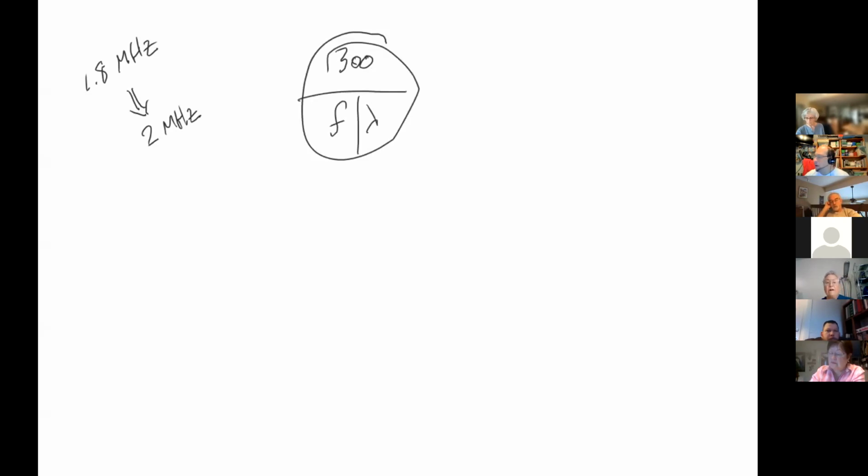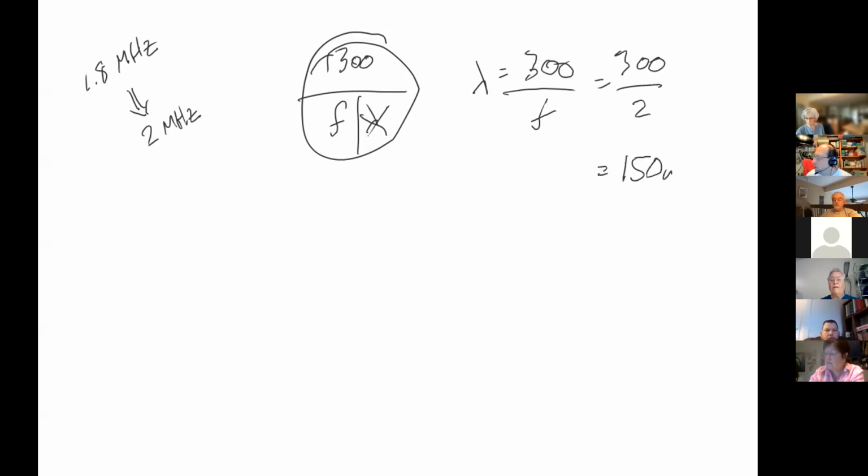Somebody tell me. 300, frequency, lambda. Okay, so we don't know our wavelength. So our lambda is 300 divided by F, which is 300 divided by 2, which is 150 meters long.